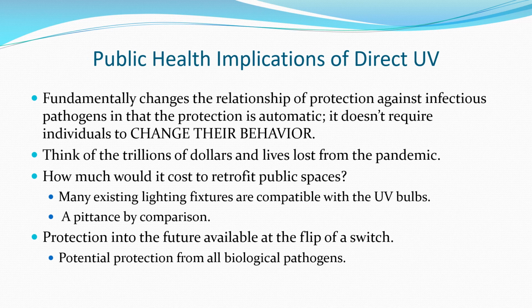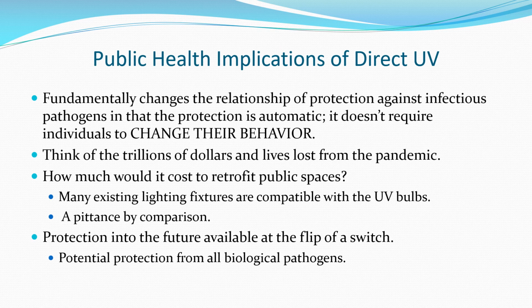What are the public health implications of the direct UV system? Well, it fundamentally changes the relationship of protection against infectious pathogens in that the protection is automatic. It doesn't require individuals to change their behavior. And it doesn't rely upon compliance. Think of the trillions of dollars and lives lost from the pandemic.